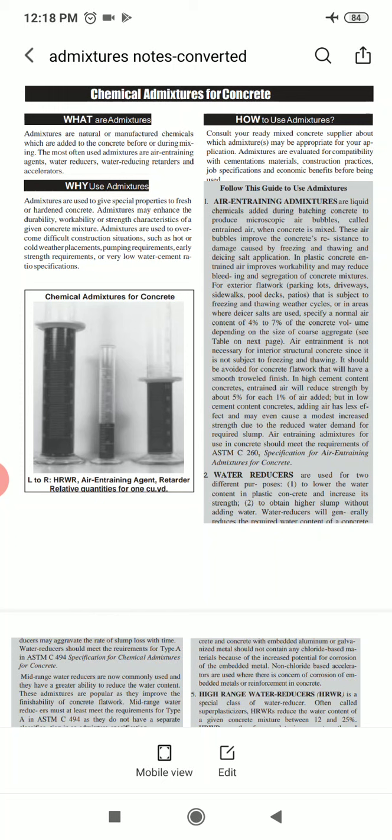Admixtures are used to overcome difficult construction situations such as hot or cold weather placements, pumping requirements, early strength requirements, or very low water cement ratio specifications. For example, in pumping concrete, you have to pass the concrete through pipes. So it should be in a plastic condition to pass through in pumping construction.